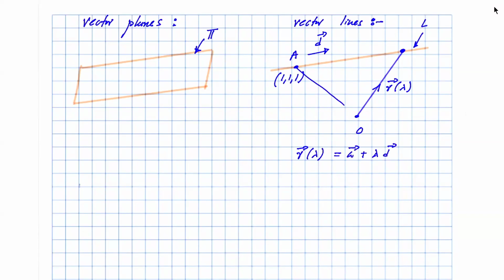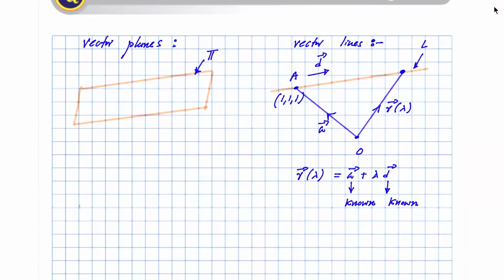Now, A means the vector from O to A. This A vector is known. Also, this d vector is known. Right, so this is how we do it.